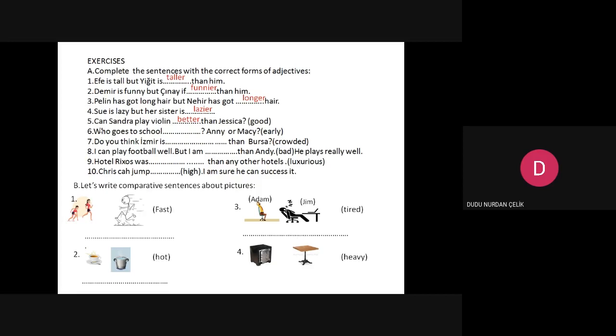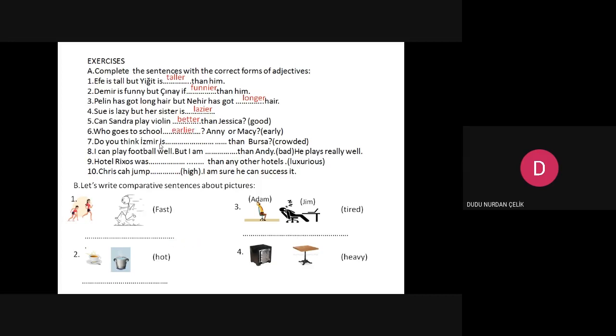Okay, look at the sixth one. This is a question also. Who goes to school earlier? Annie or Macy? We're going to use the adjective early. Okay, what do we say? Very good. Okay, let's see the answer. Earlier, of course.